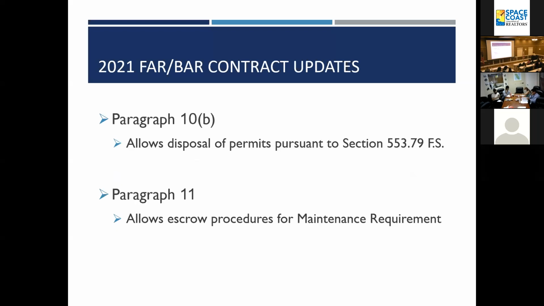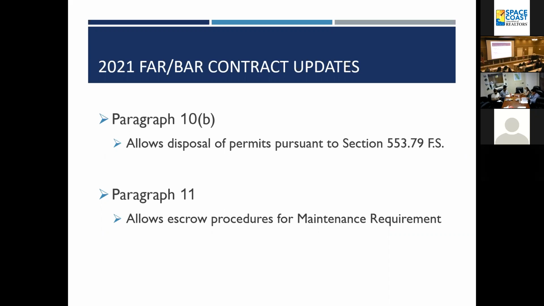Okay, that's that one. Paragraph 10, disclosures. Not a major change, but in 2019, the Florida statutes were amended to allow procedures by which permits could be closed or disposed of, expired permits, things like that, that can be taken off the books under chapter 553.79 of the Florida statutes.